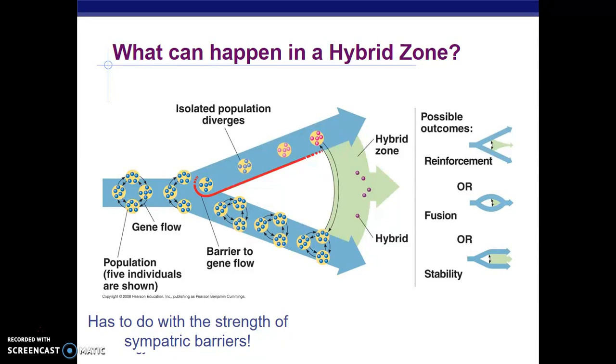In the hybrid zone, there are two possibilities. The two species could stay different species. In this graphic, that would be either reinforcement or stability. They're going to each stay a separate species, which means they would be unable to mate and produce fertile, viable offspring. Or, the second outcome is that they could merge into one species in the hybrid zone.